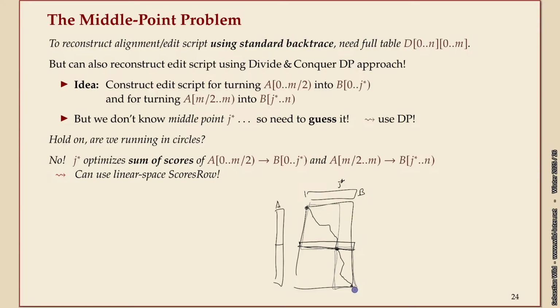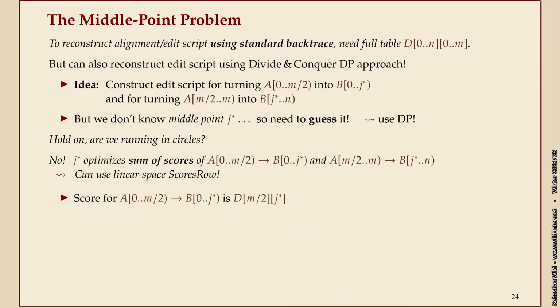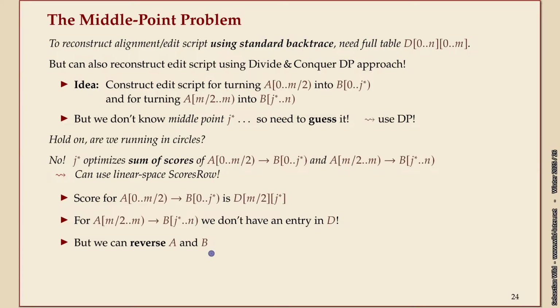Now for the second part, this doesn't seem to work because we get all possible start points, but the end point is fixed, right? But we can just use the same computation, but reverse the strings, reverse A and B. Then what used to be the bottom right becomes the top left.